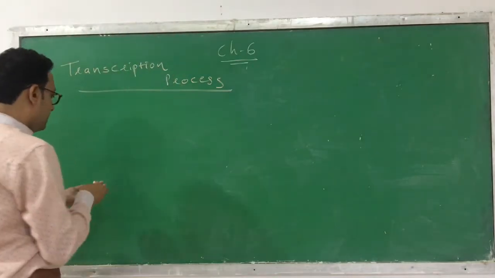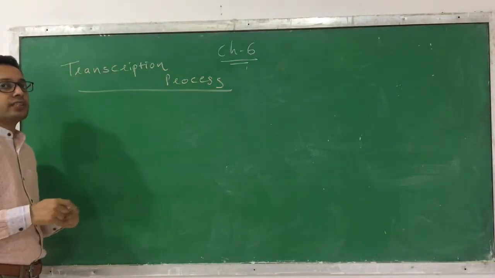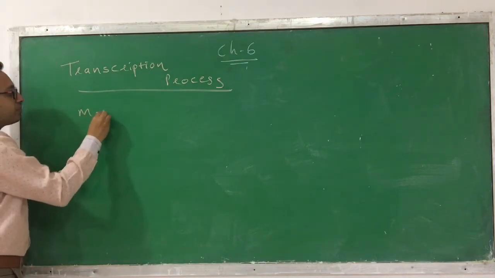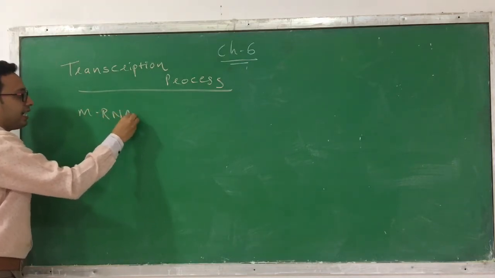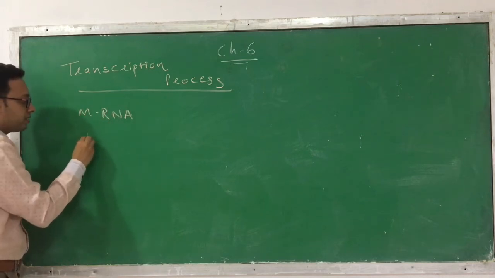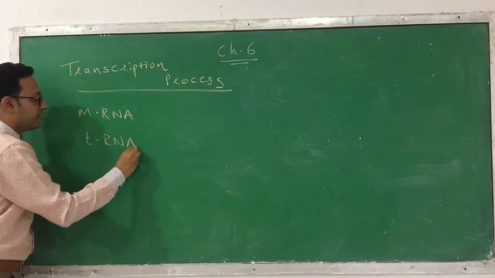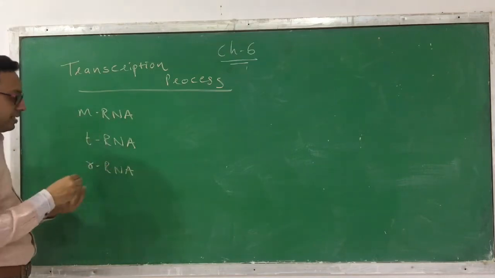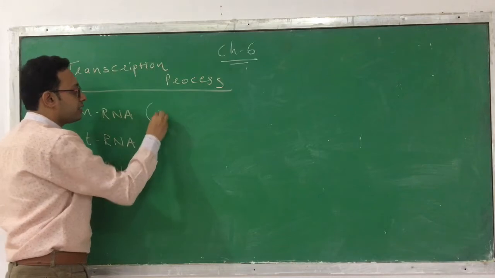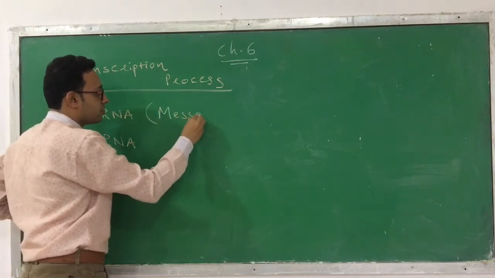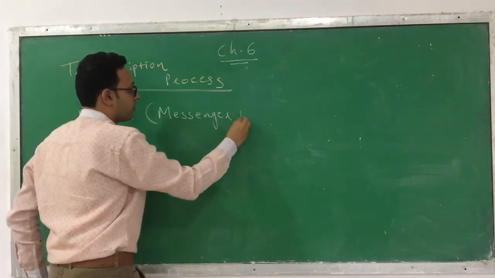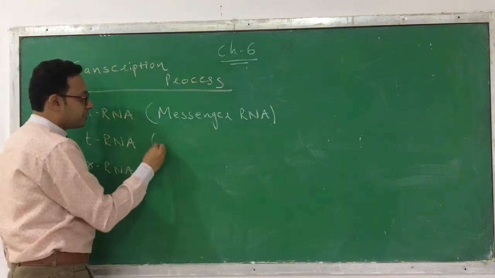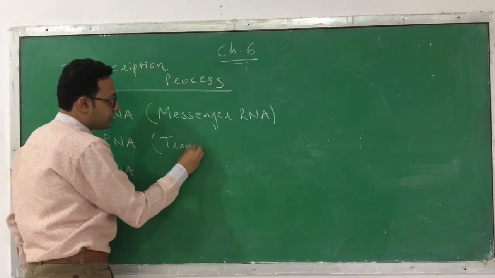See here, I have already told you that transcription is the synthesis of RNA from DNA. But there are three types of RNA: mRNA, second tRNA, and the third one called rRNA. mRNA is called messenger RNA. tRNA is called transfer RNA.